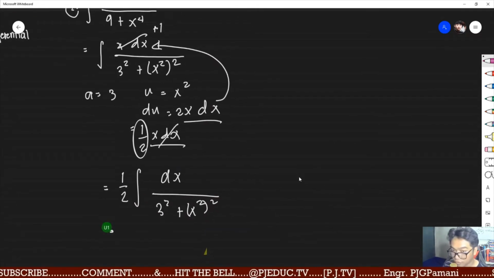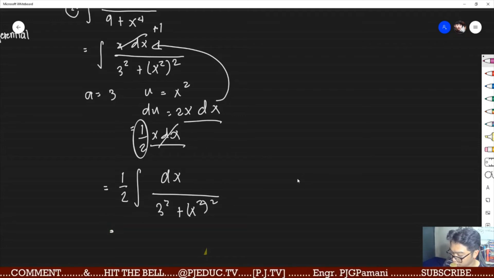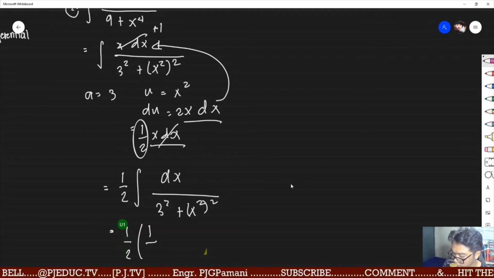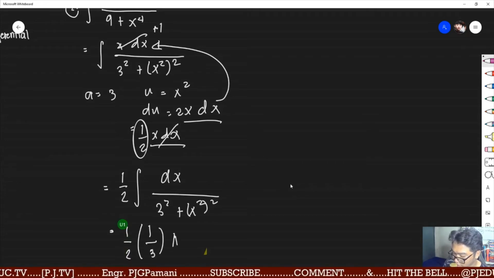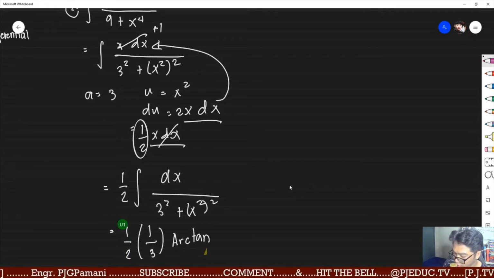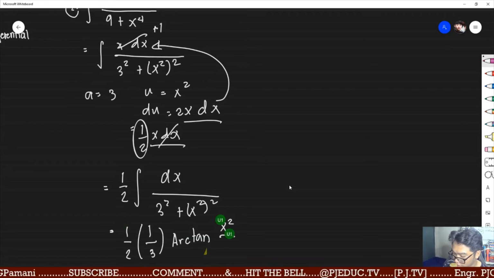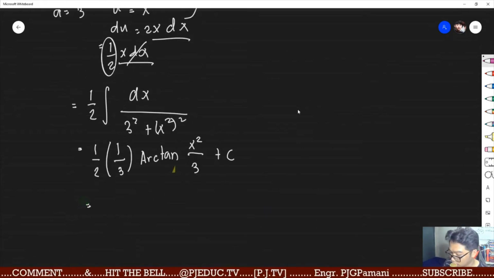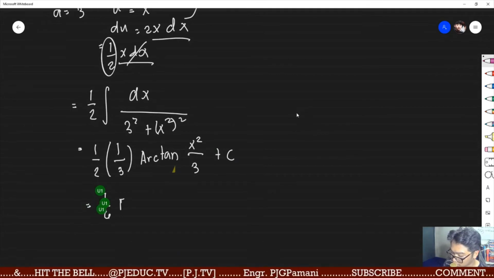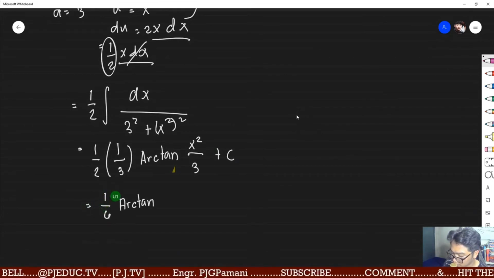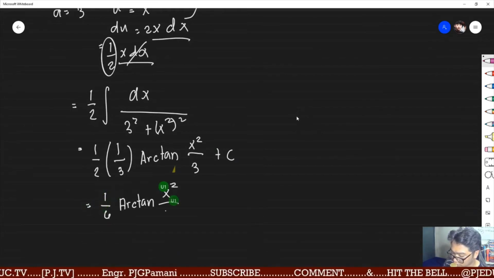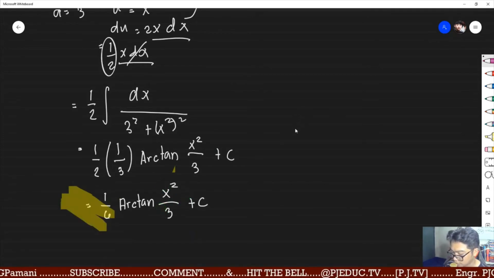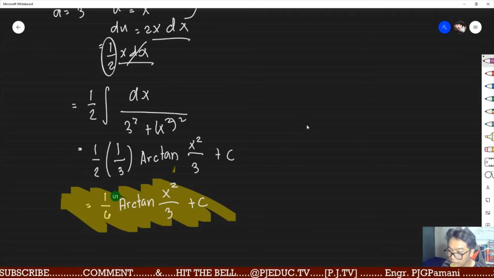And apply your Formula 15, which is 1/2, then 1 over a, 3, arctan of u over a, plus c. Simplify further. That is now 1/6 arctangent of x squared over 3 plus c. So, this is now our final answer.